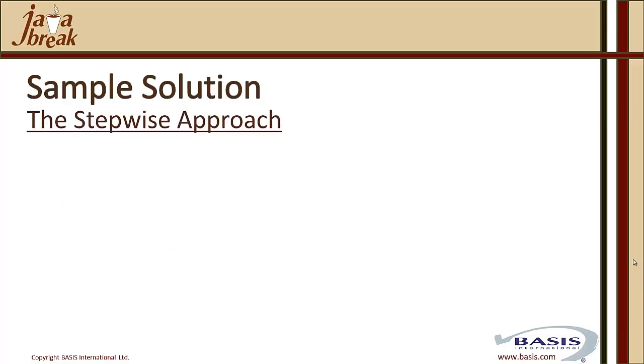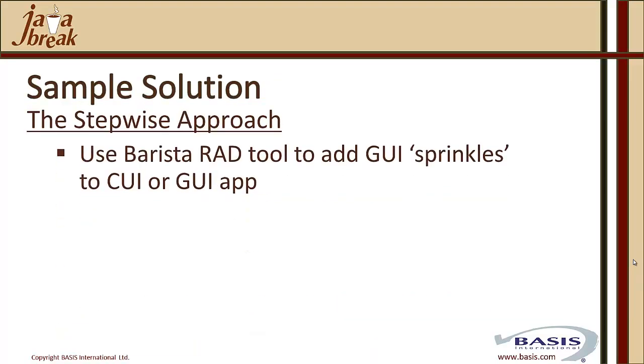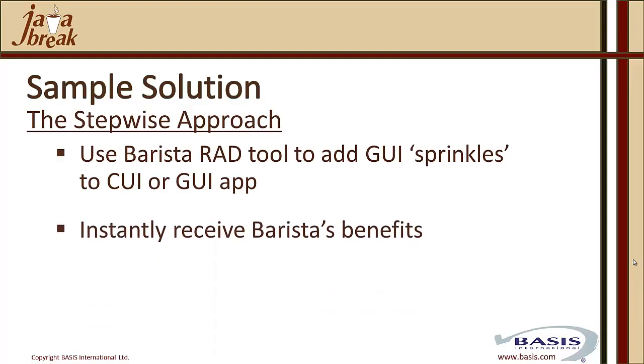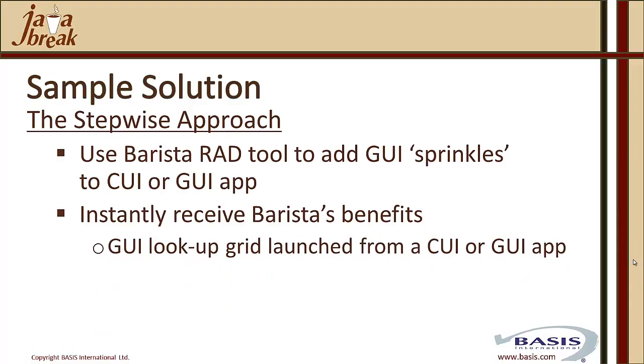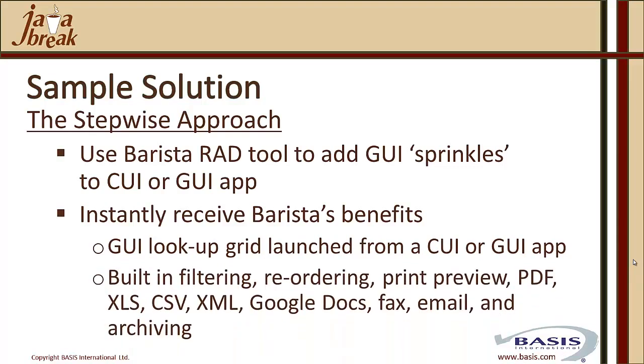So our sample solution is going to take a stepwise approach. We're going to use the Barista Rapid Application Development Tool to add the GUI sprinkles to either our CUI or GUI apps, and we're going to instantly receive some of Barista's enormous benefits. We'll get the GUI lookup grid launched from the CUI or GUI app. Today we'll focus on a character-based app.